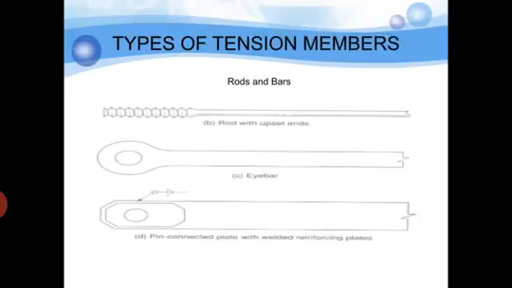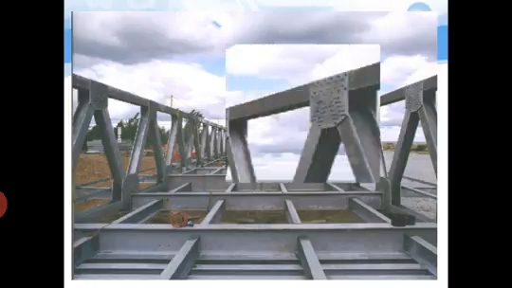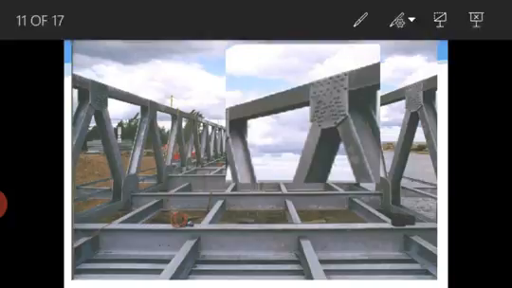Next, here rods and bars, these are also used as tension members. This is one typical example of a bridge truss, and in a bridge truss some of the members are subjected to tensile forces, and those members are also designed as tension members. This is one typical joint where the members are coming and joining.